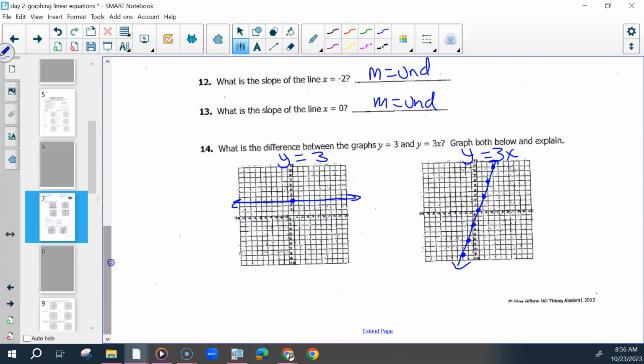Once you have them both graphed, what is the difference between these two? What are some differences we see between them?